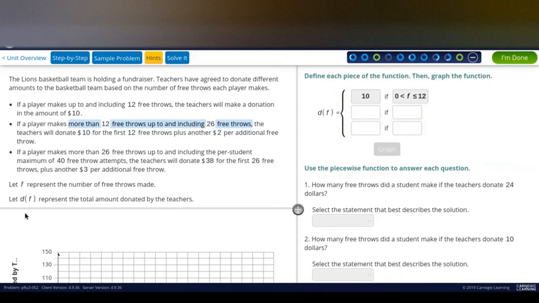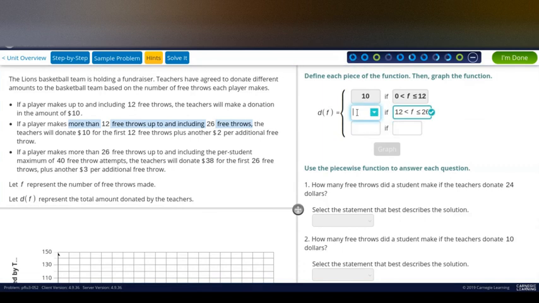That is going to be, according to F, our number of free throws made. So our domain is going to be 12 is less than, we can't include 12, right? More than 12, otherwise we wouldn't have a function. 12 is less than F, which is less than or equal to 26.